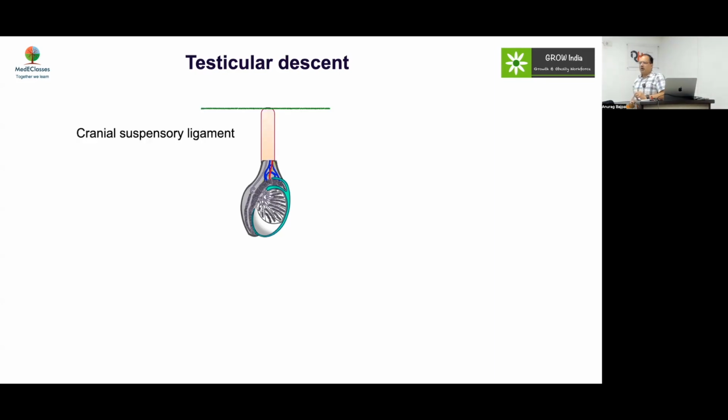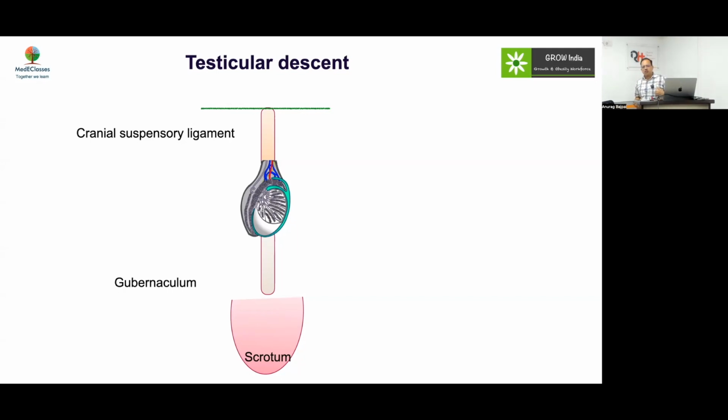From a pure mechanistic perspective, we can say that the testis is basically suspended via the cranial suspensory ligament from the diaphragm, and then it is attached to the lower part of the gubernaculum. There is a disproportionate growth of the gubernaculum, which is attaching it to the scrotum, as compared to the cranial suspensory ligament, which is mainly responsible for the overall testicular descent.